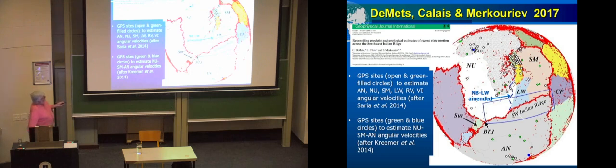And then Eric has combined with that all of the GPS data across Africa. These are the main stations used in the circle symbols. The GPS sites in these are used to estimate the Nubia, Somalia, Antarctica angular velocities and others in the system.